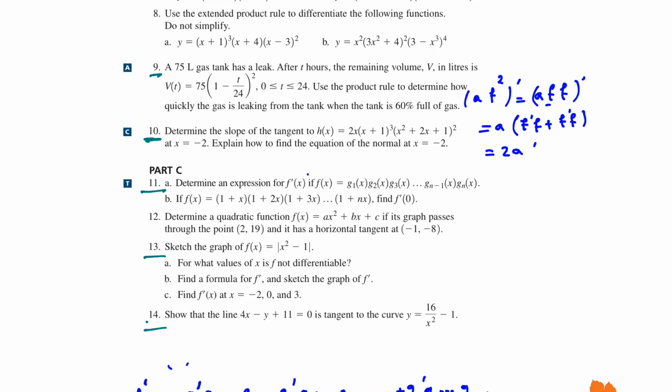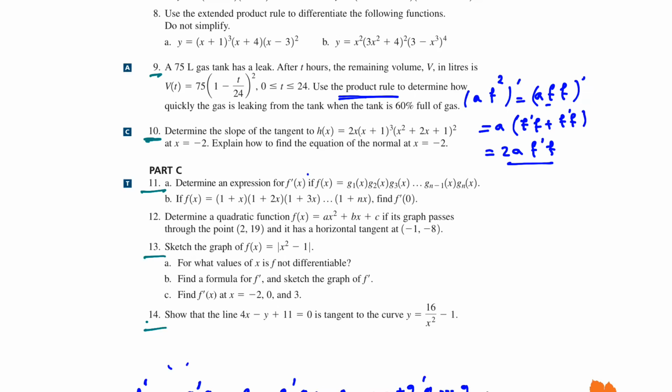It will simplify as 2a f prime f. We're trying to use the product rule as it is required in the question. Therefore, the derivative of the function would be 150 times 1 minus t over 24 to the power of 1 times negative 1 over 24.